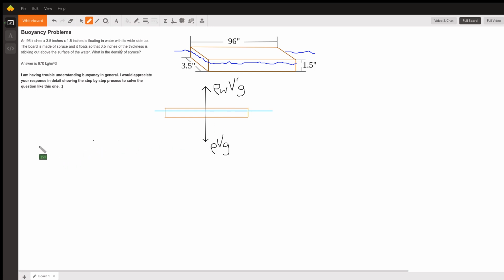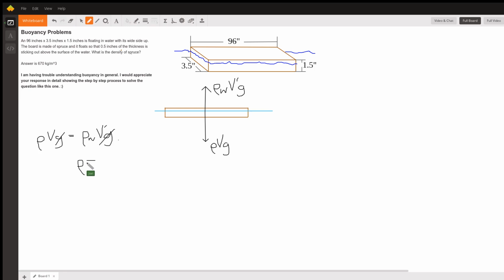So we'll come over here to the side and equate these two things. We have rho V g equals rho water V prime g. You can see that the acceleration due to gravity doesn't matter. So it's interesting, if you have a pool of water on Mars, then this will actually be the same.